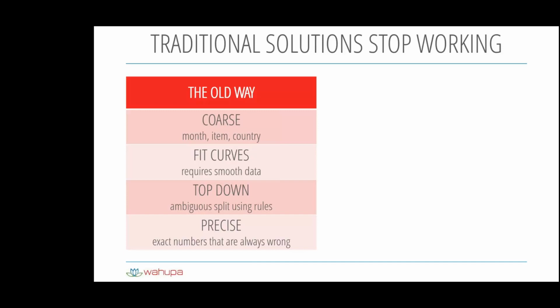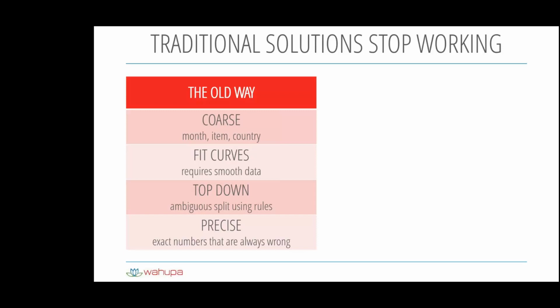So in this old way of looking at forecasting and planning, we try to aggregate data to a nice high level because the patterns are smoother, because noise gets reduced and it's easy to fit curves through it. Then once we use that to create a forecast or a plan and we need to act on it, then we split it down from the top to whatever granularity we need.